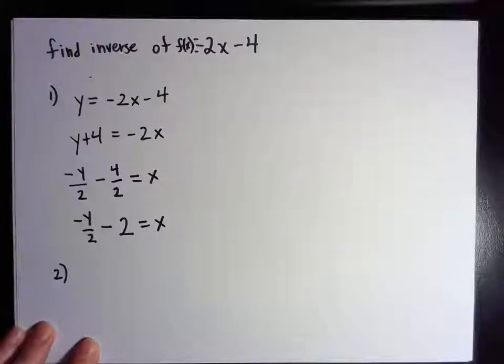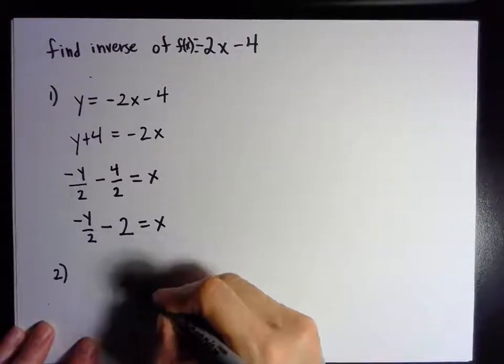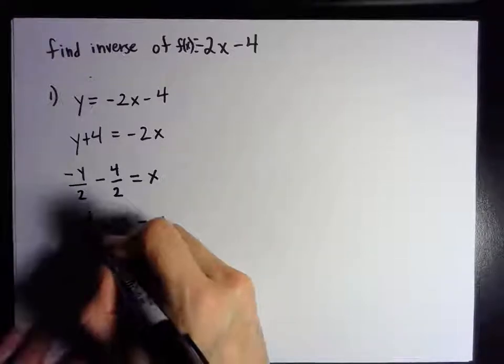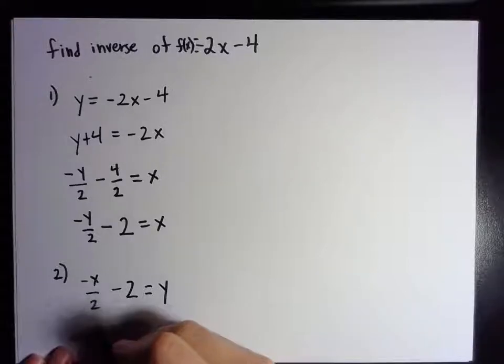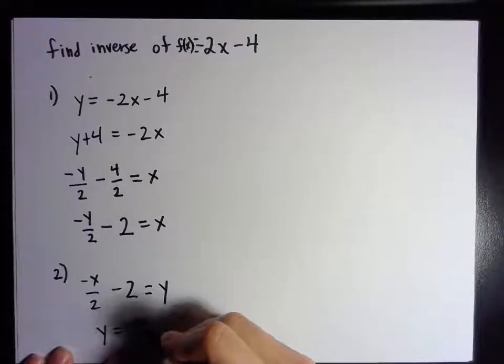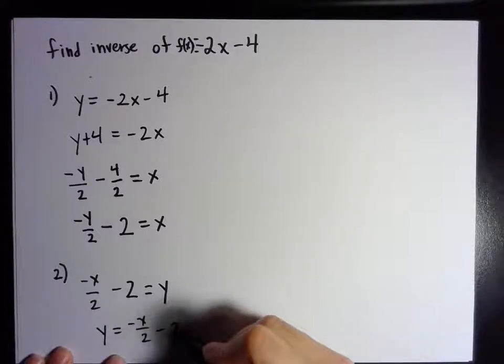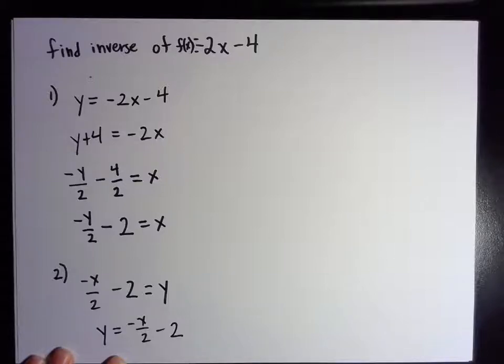And then after I've solved for x, I'm going to replace x with y. And I'm going to replace y with x. So my inverse function is y equals -x over 2 minus 2.